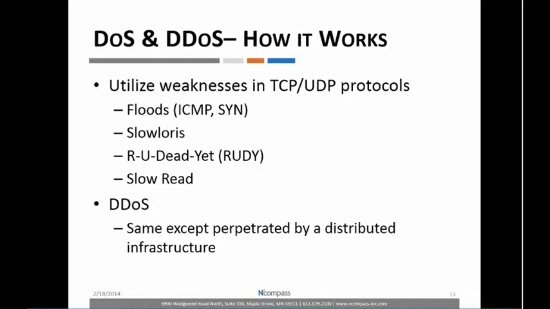And then distributed denial of service, or DDoS. The idea is that with a lot of IPS and IDS, you can see a lot of stuff coming from one address, and you can say, hey, that guy's obviously doing a DoS attack on us. Let's just block that IP address. Problem solved, right? Well, distributed denial of service does the same thing, except it comes from thousands of addresses.